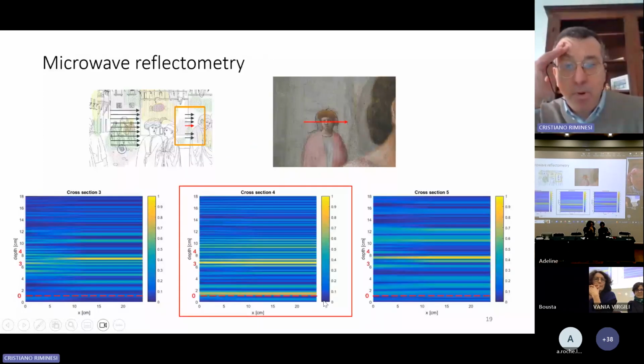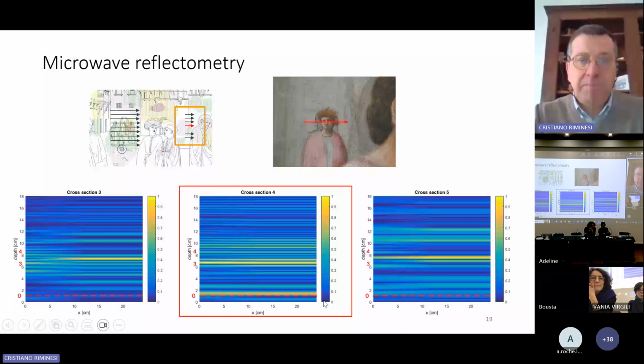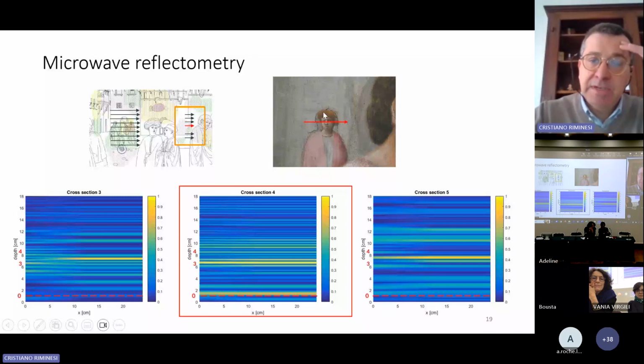Just an example for this particular fresco: this is a little giornata, and we have a detachment on this part, and we can detect it. We scan the surface by microwave reflectometry in this way, in order to detect the difference of constitution.